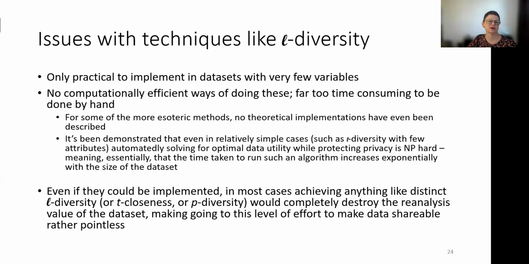Techniques like L-diversity are very impractical to implement. And even if they could be implemented, in most cases, achieving anything like L-diversity or any of the other techniques would destroy the reanalysis value of the data set because you're messing around with the responses. And how do you do research on a data set that's been messed around with that much?